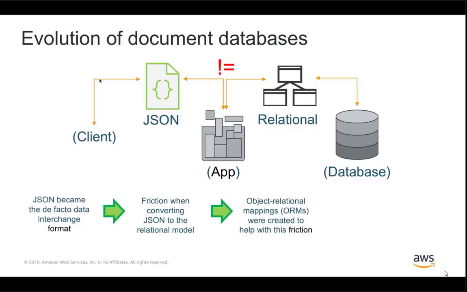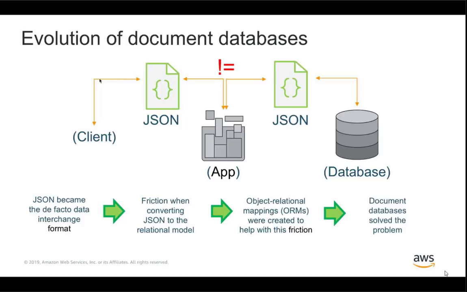What object relational mappers attempted to do was take these documents and then map them back to a relational schema. ORMs work really great until they don't. Then it becomes an issue where you have to go back and figure out what queries are being crafted and what schema is being used in troubleshooting. And it definitely induces some friction.